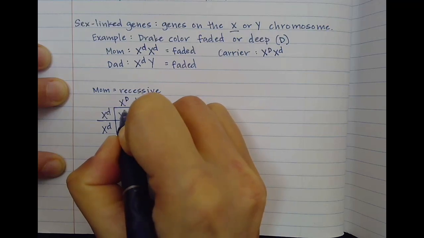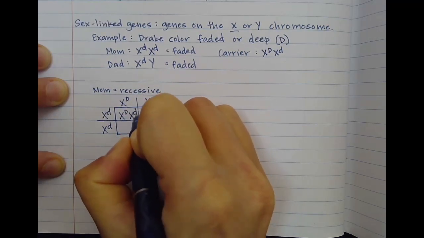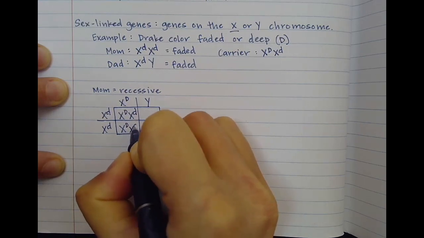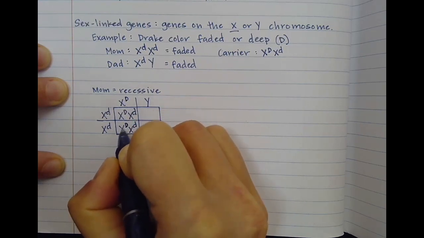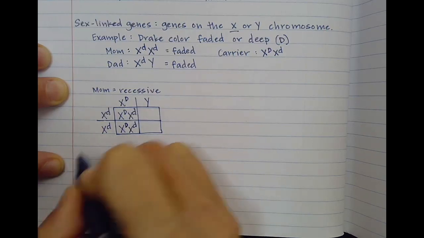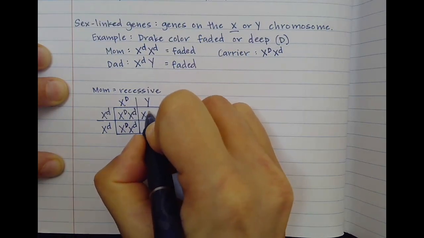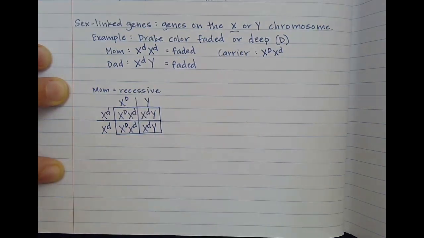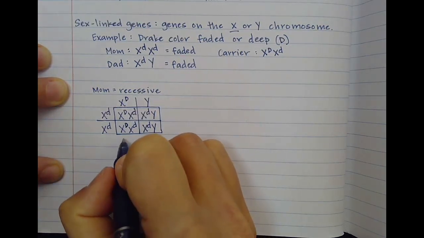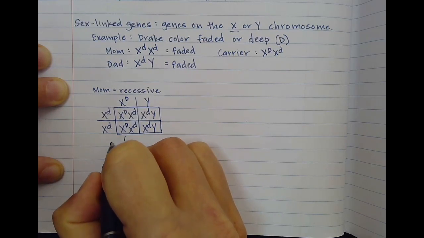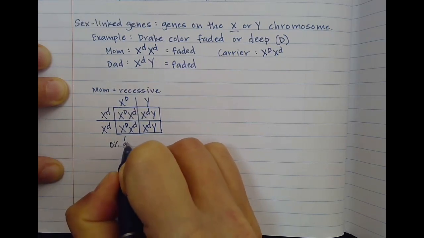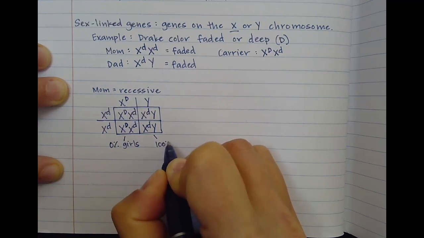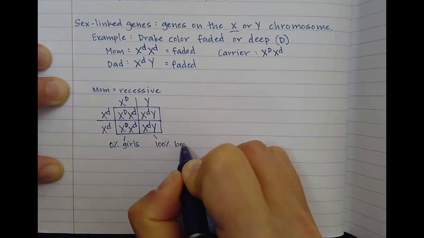So here, I'm going to make a girl because it's going to be X, X, and again, another girl, X, X, where this X is from dad and this X is from mom. Here are my boys. And what we can see here is that 0 of the girls have the trait, but 100% of the boys have the trait.